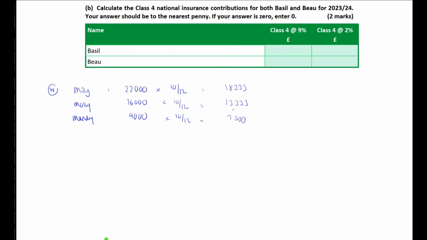So in total, let's work out how much salary we're paying out. £39,166 in total in salaries. And that, of course, is for 10 months of the year. It's only from the point where the new partner joined.